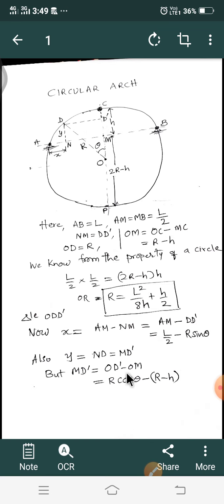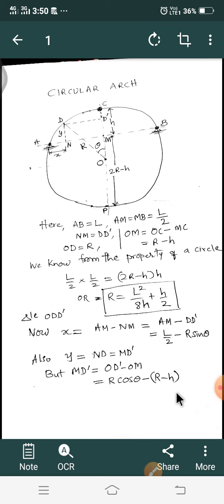Now OD dash, again you go back to this triangle, is the adjacent side of this theta, that is why it is R cos theta minus of R minus H. This R minus H is OM. So OM is equal to total R, in that one you subtract H, so you are left with small h. So finally Y is equal to R cos theta minus of, into bracket, R minus H.